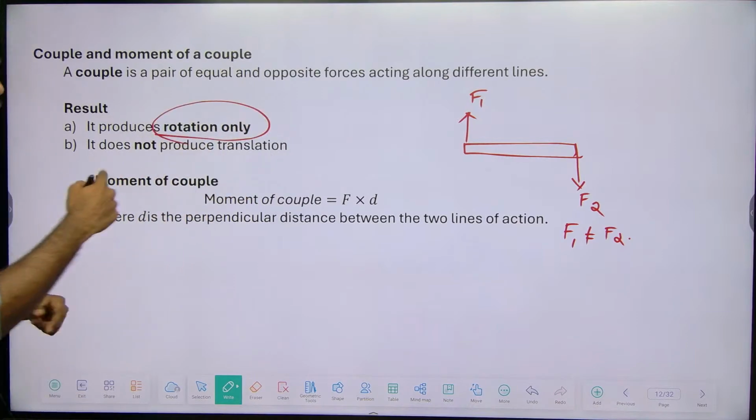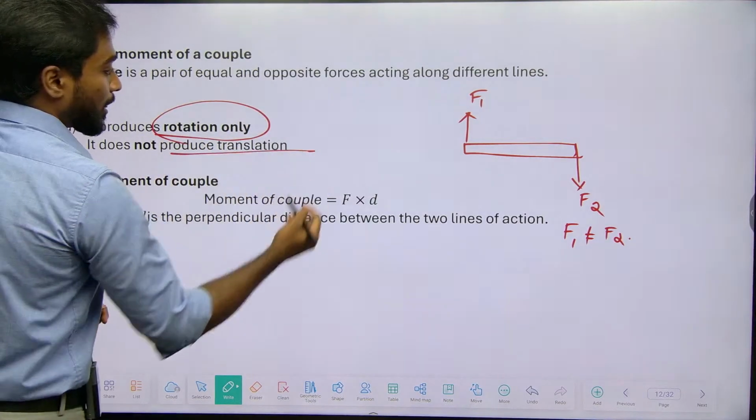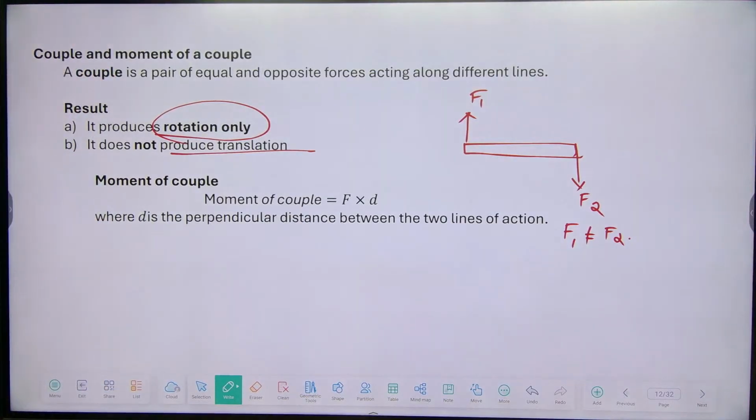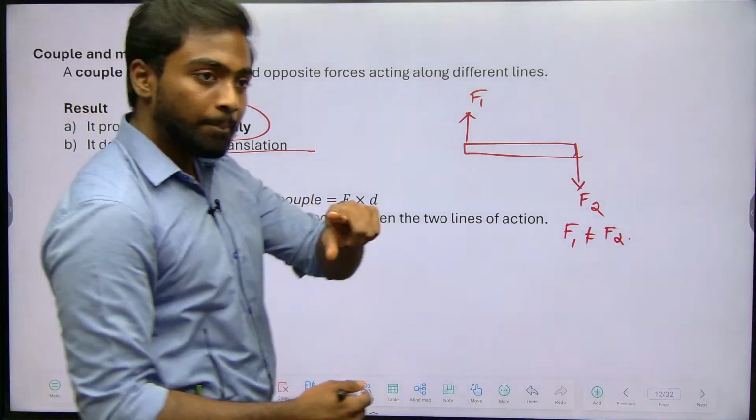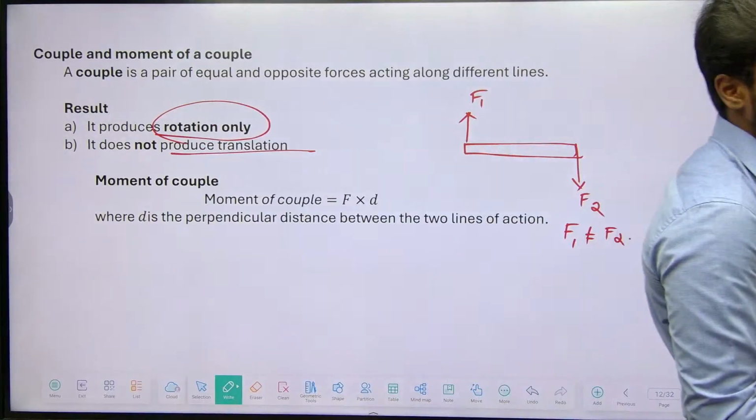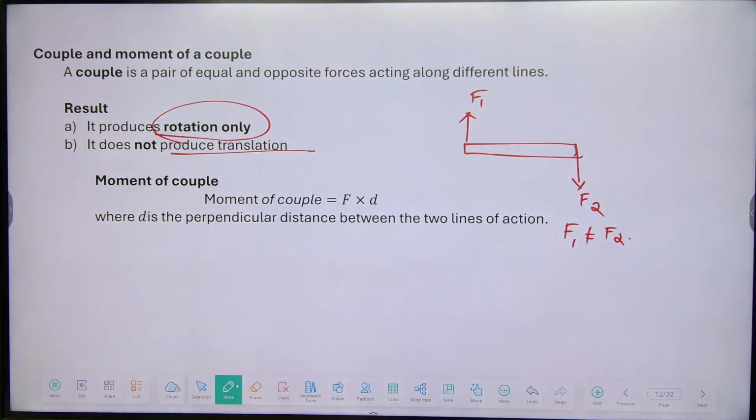Rotation means the object will rotate. Translation means it is in one dimension. Whatever we talked about in the previous chapters is all translation. Now this chapter is about rotational motion. Okay.